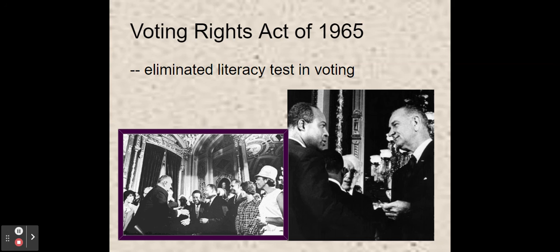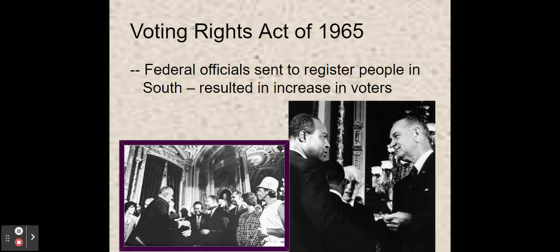All right. And now, as much as we appreciate the college kids coming down to register people to vote, now we're going to get the federal government involved and federal officials are going to be sent in. All right. And as a result, we're going to see many, many more people register to vote in the South. Okay. So things are really moving now in terms of the desegregation civil rights movement.